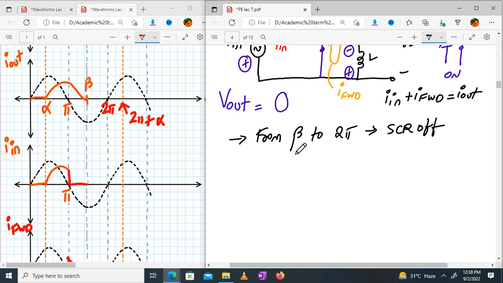That is what I am asking. Load current is 0 हो गया ना? Load current is 0. What do you mean by 0 load current? So in this case my SCR is off, so it will behave as an open circuit. What about my freewheeling diode? So now how will the circuit look like?